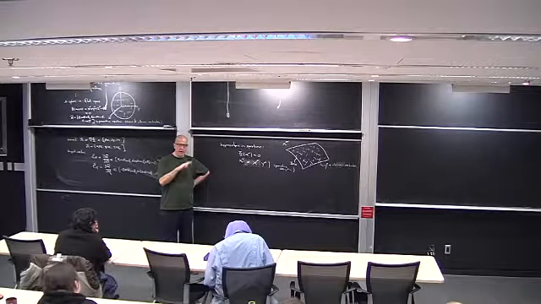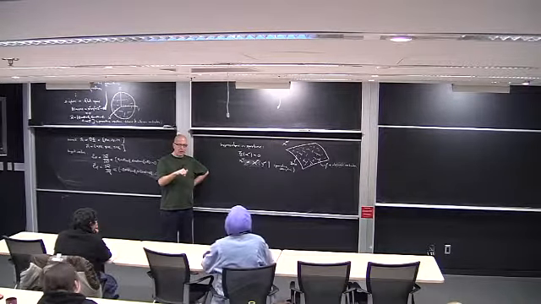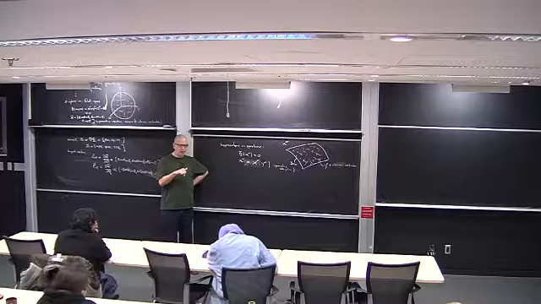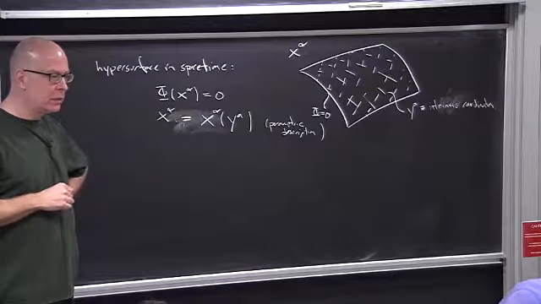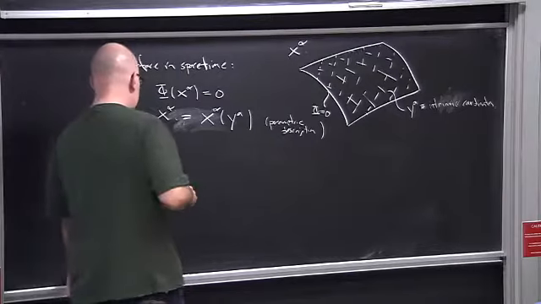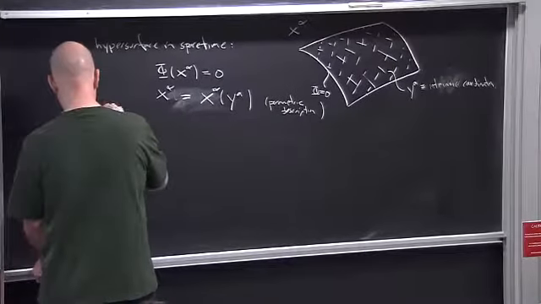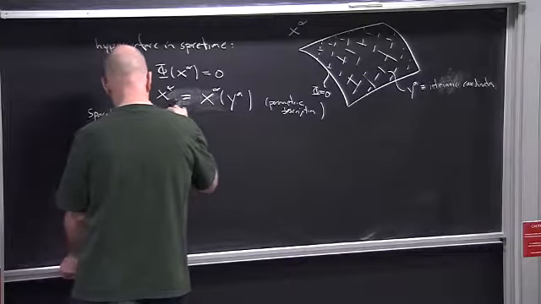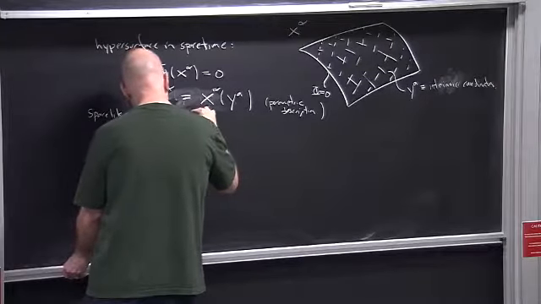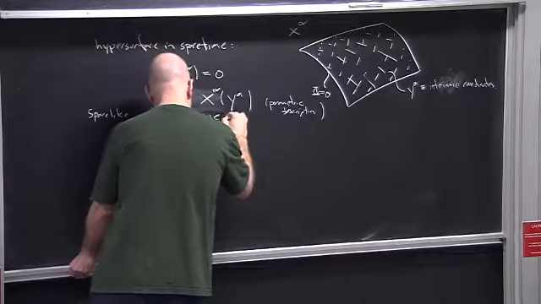So for the time being, I'll consider only the time-like or space-like case. And then I'll return to the null case and introduce the subtleties a little bit later. So right now, let's pretend that we're dealing with a space-like or time-like hypersurface.